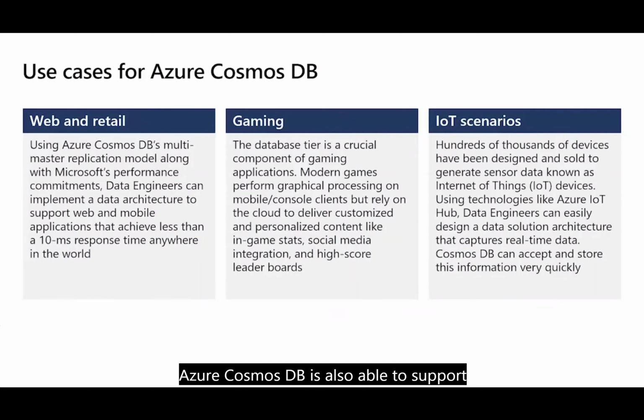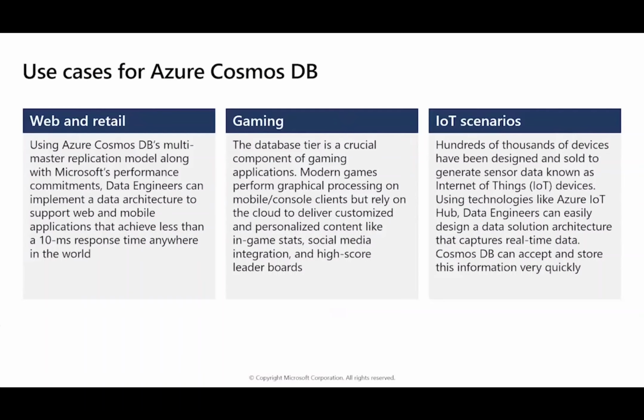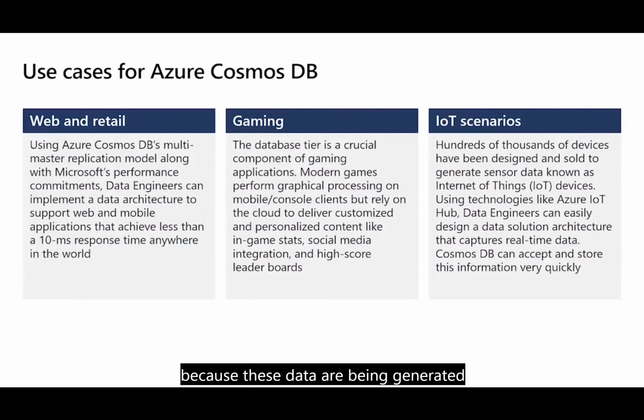Azure Cosmos DB is also able to support IoT systems and devices. In IoT systems, typically a lot of data is ingested very frequently, because this data is being generated on a second-by-second basis. Using Azure Cosmos DB, we're able to ingest and store this data very quickly.